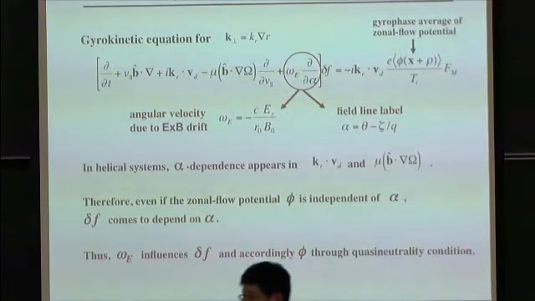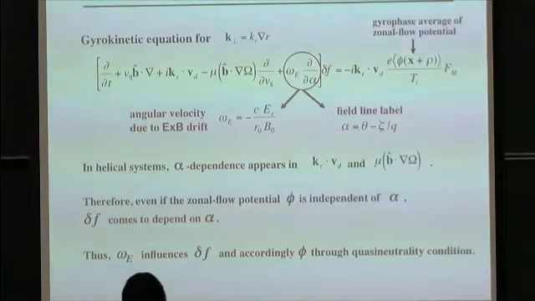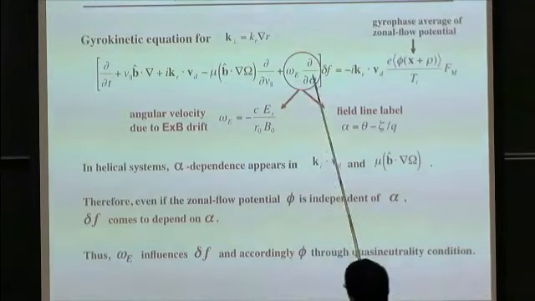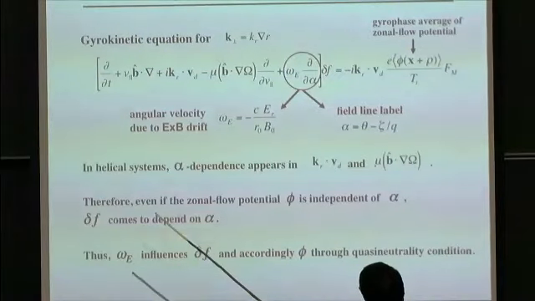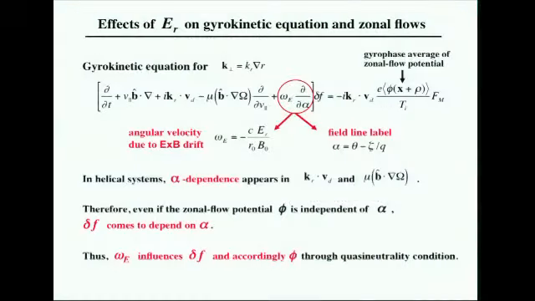Yes. What are you using for your other angle variable besides alpha? You only have an alpha derivative with the electric field in it. Yes. A derivative along the field line, or? Yes. So in the code we use flux coordinates: a radial coordinate, an alpha coordinate, and a coordinate along the field line. Okay.